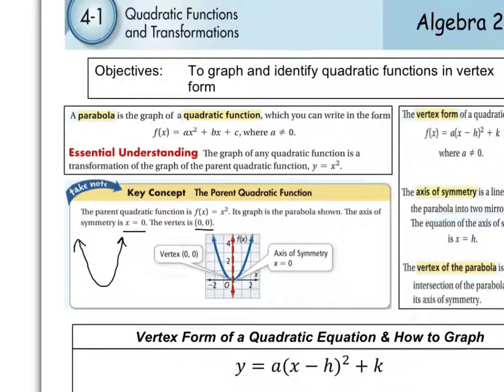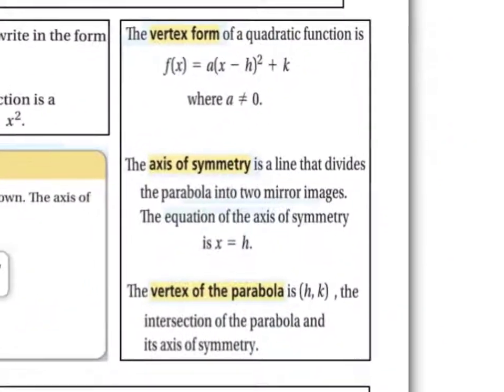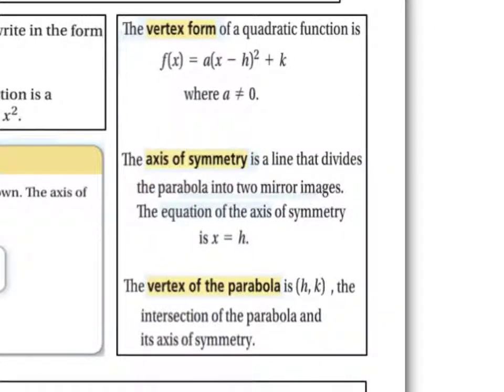Okay, so the parent function. Now, the parts that you're going to be looking at here are these. The vertex form of a quadratic function is f of x or y equals a times the quantity x minus h squared plus k, where a cannot be 0. And we're going to talk about these things here as well. The axis of symmetry is the line x equals h.